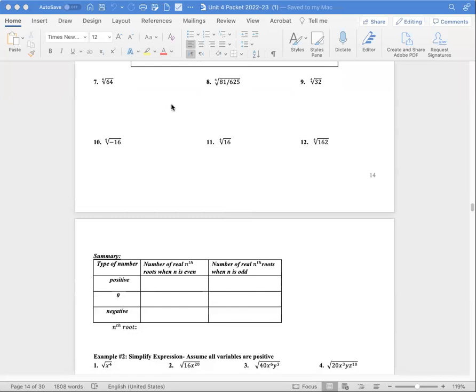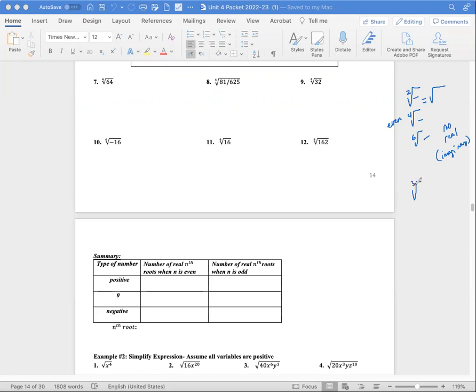For negative 16, now here, when the radical is even, square root, fourth root, we don't, by the way, write square root of 2, we just write square root, etc. When you have an even radical and you have a negative on the inside, you end up with no real solution, which is what we're going to learn as imaginary, and the i squared.